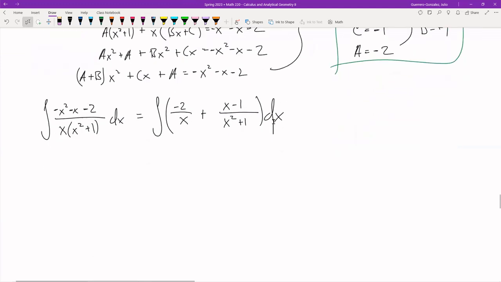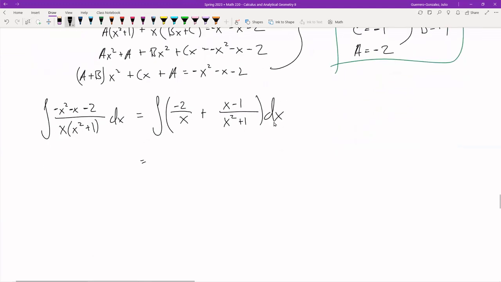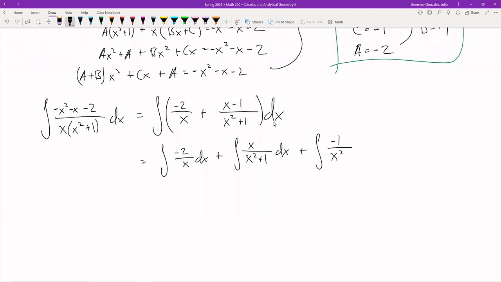This is equal to the integral of negative 2 over x dx plus the integral of x over x squared plus 1 dx plus the integral of minus 1 over x squared plus 1 dx.